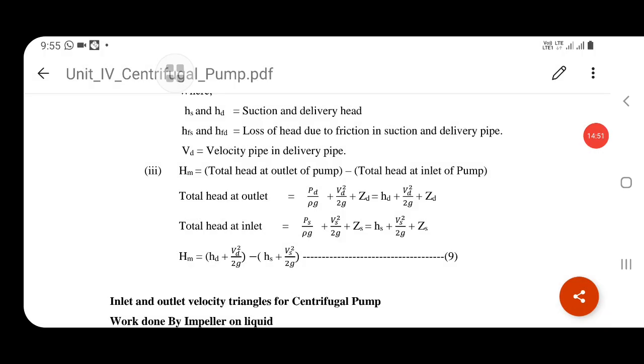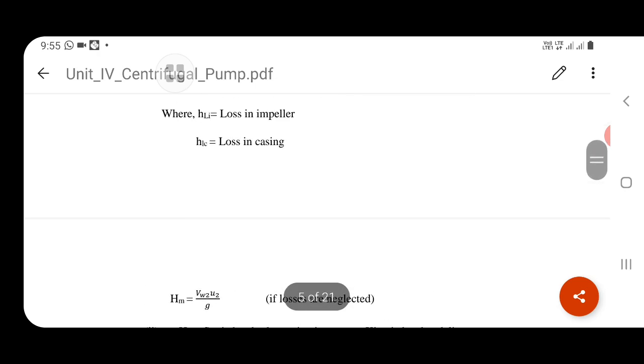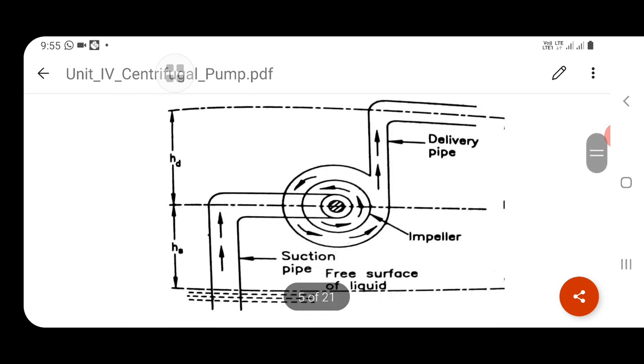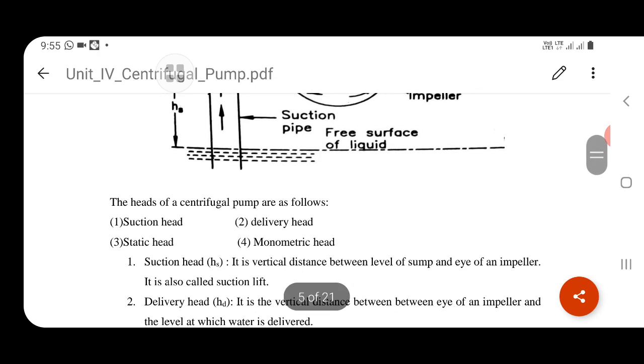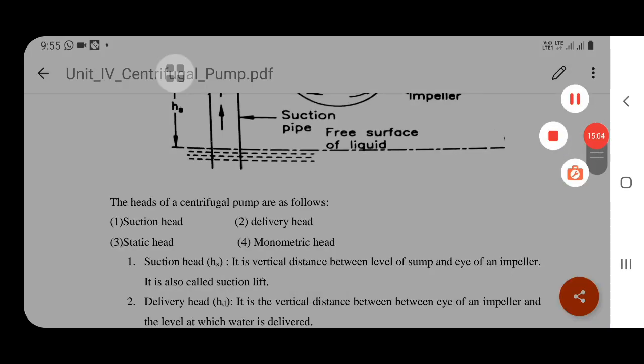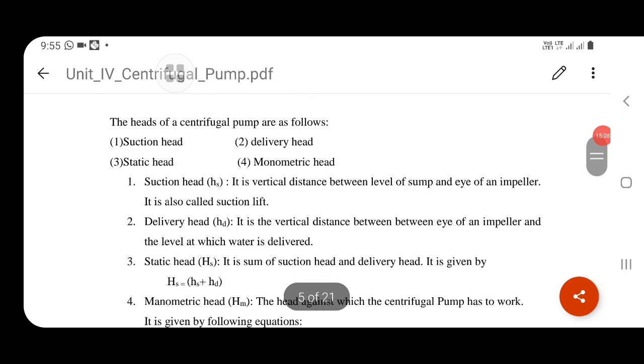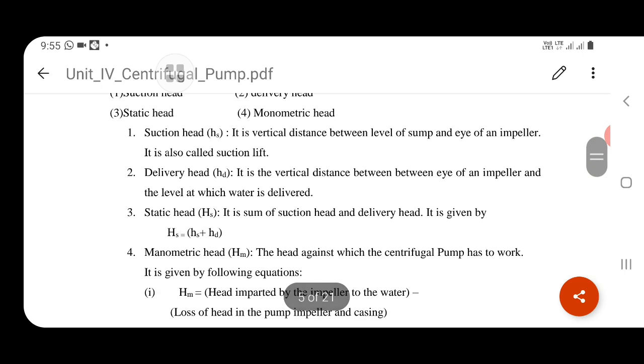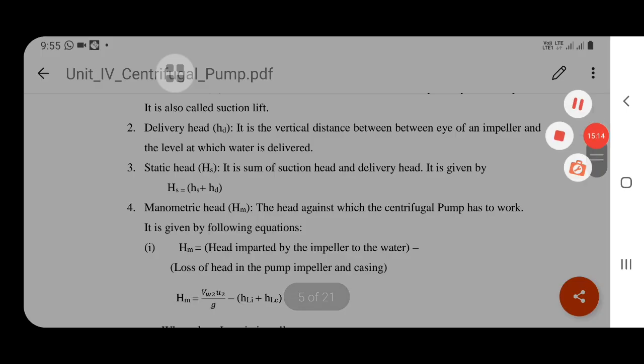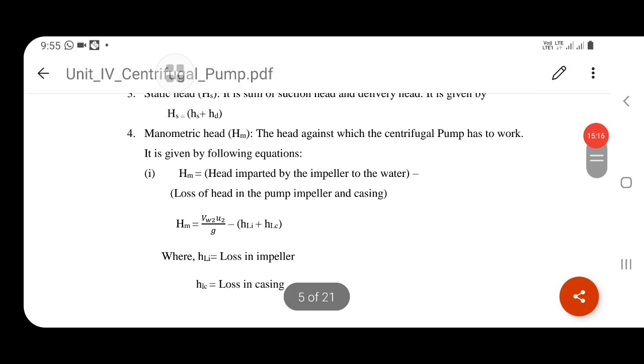So in this way we can see the various types of heads. Again, I repeat: first is the suction head, second is the delivery head, third is the static head, and fourth is the manometric head.